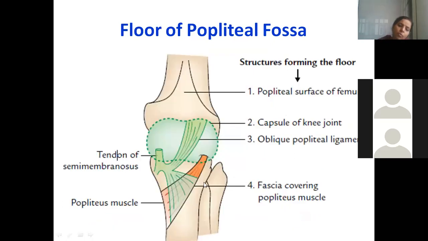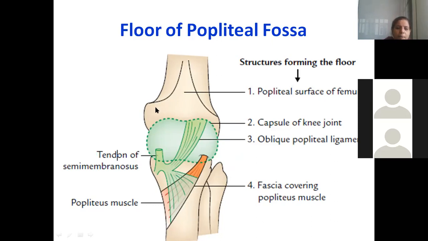Now, the floor. Once you remove semimembranosus, semitendinosus, biceps femoris, the medial head of gastrocnemius, the lateral head of gastrocnemius, and plantaris, and when you remove the popliteal artery, vein, and the sciatic, tibial and common peroneal nerves, everything is removed, then you will see the floor. Can you see this is the femur, posterior surface.